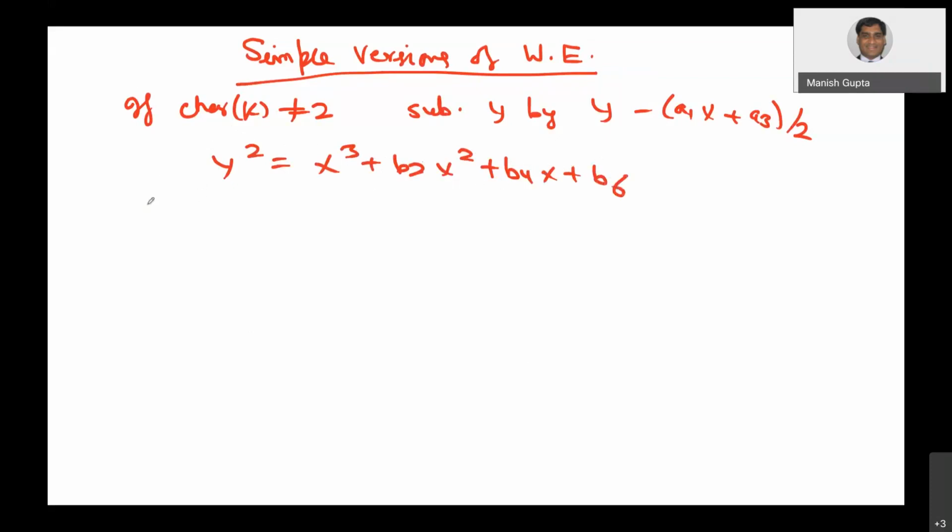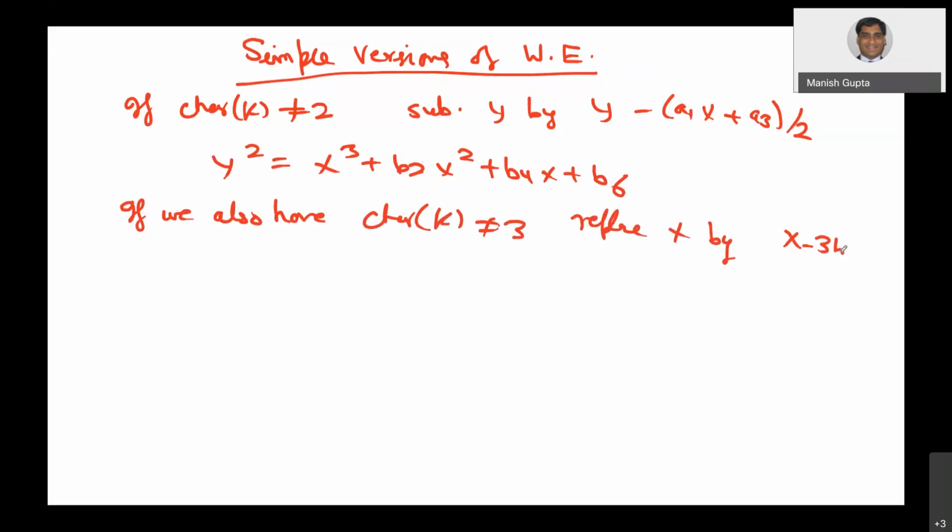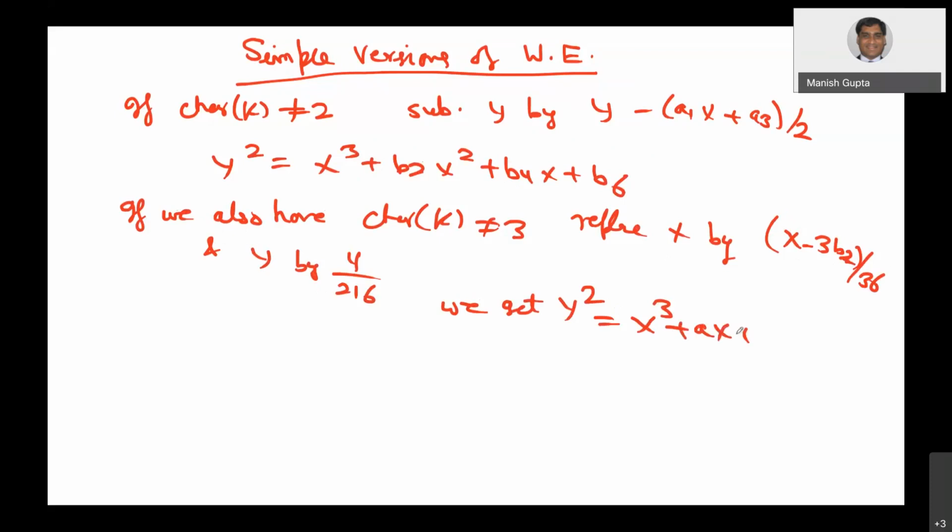Okay, if we also have characteristic of K not equal to 3, replace x by x minus 3b2 divided by 36, and y by 216. So we get, actually after this I'm skipping the steps, we'll get y square is equal to x cube plus ax plus b of this form.